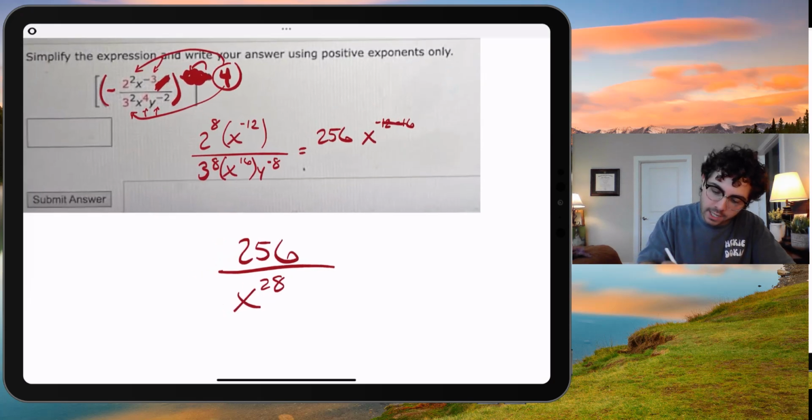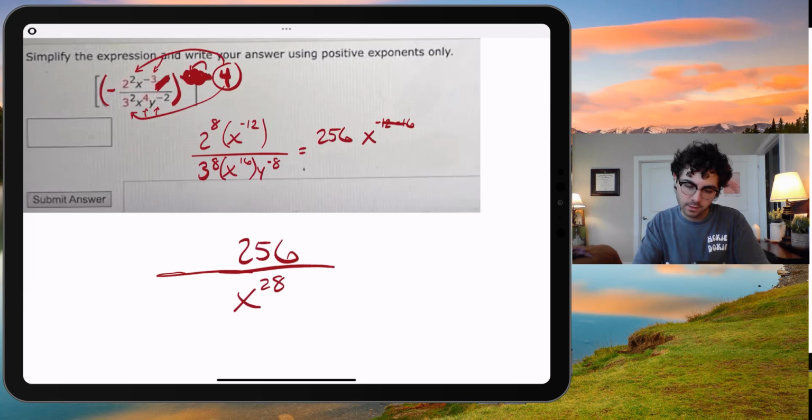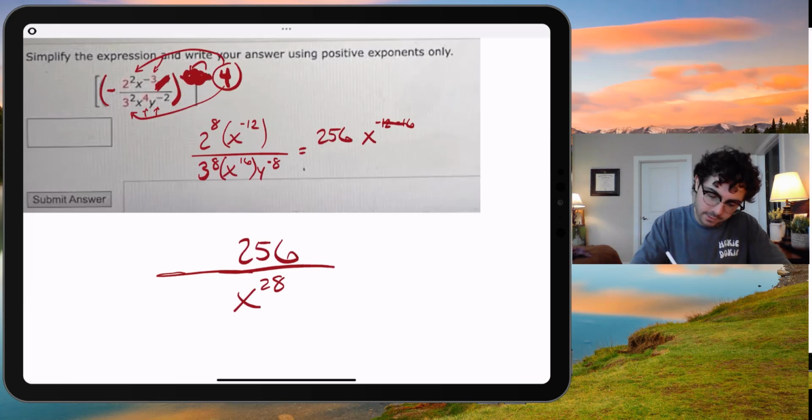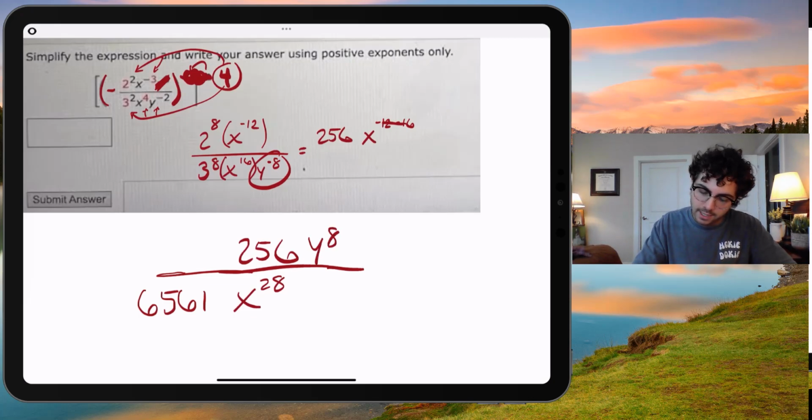Now, what else have we not dealt with here? Well, we have a 3 to the 8th. What would that be? That's 9 to the 4th, which is 81 squared. So that's 6,561. And then the y to the -8 on the bottom can go up top as y to the +8. And then I don't know if those can simplify.